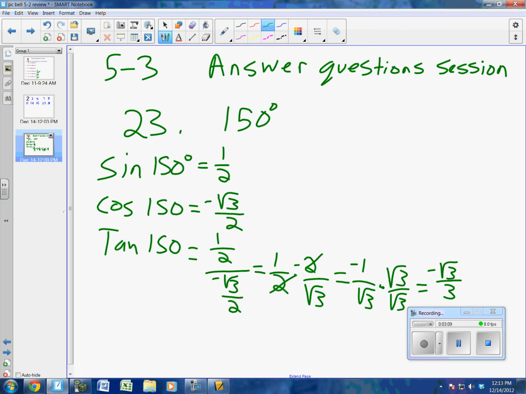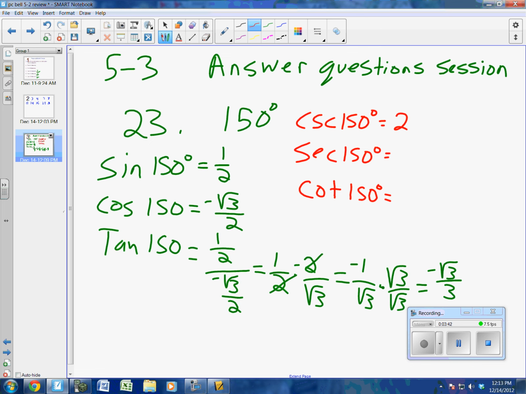Okay, now we got to find the cosecant of 150 degrees, the secant of 150 degrees, and the cotangent of 150 degrees. So cosecant's defined to be what? The reciprocal of the sine. So what's the reciprocal of the sine? Okay, the reciprocal of 1/2 is 2.